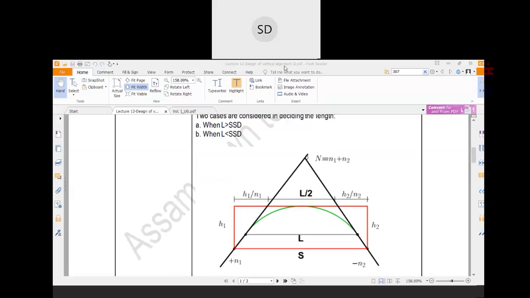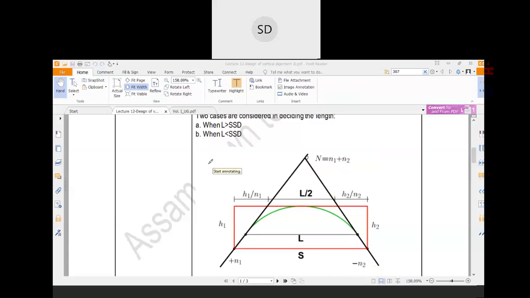Now N is the deviation angle. Deviation angle means the angle subtended between the intersection of the two gradients. Suppose this is one gradient of plus n1, and this is another gradient with a value of minus n2. In that case your deviation angle would be n1 plus n2.